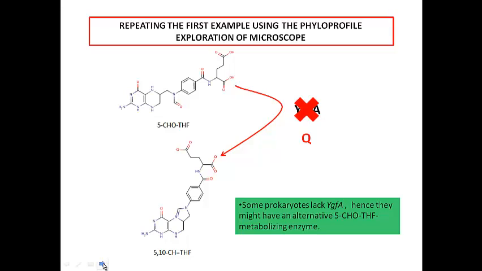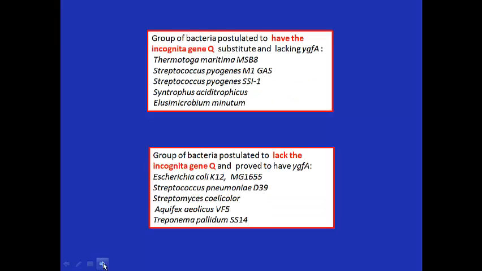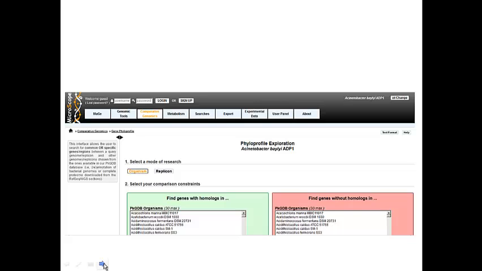You can see on your screen the two lists of bacteria with and without the incognita gene Q that we are going to use in this example. They are the same sets that we used with the JGI profiler and are also given in our instructions on the workshop webpage.